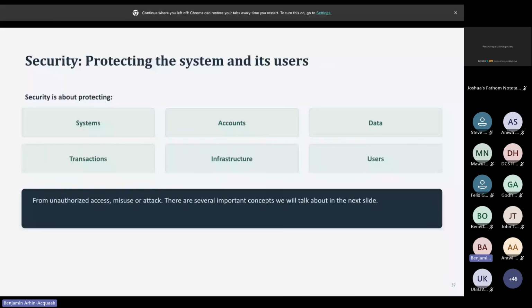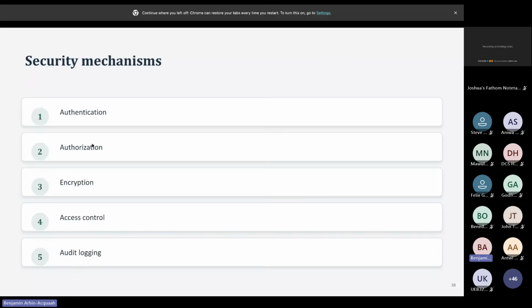There are several important concepts we'll talk about in the next slide. So there are various security mechanisms.